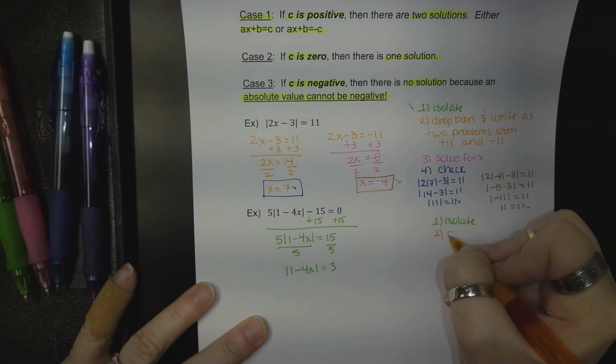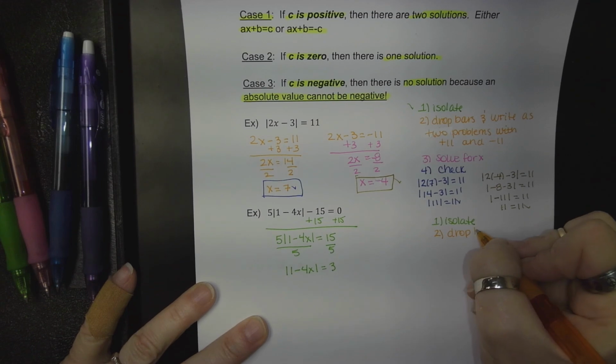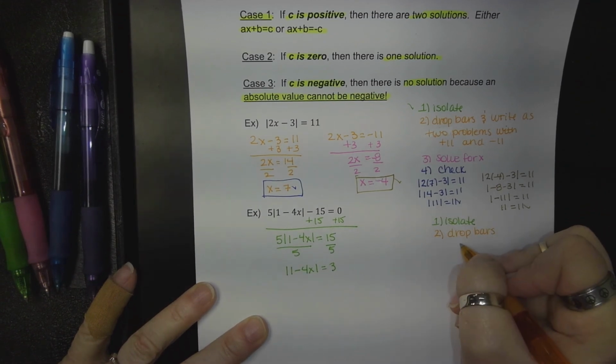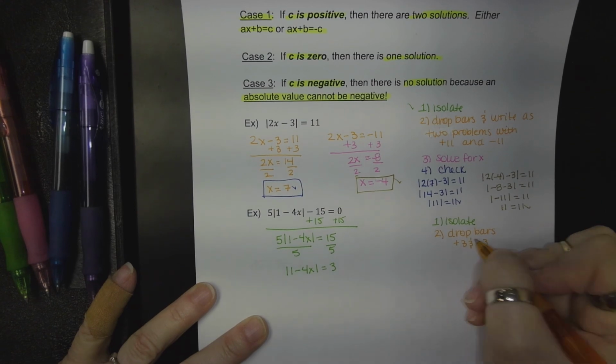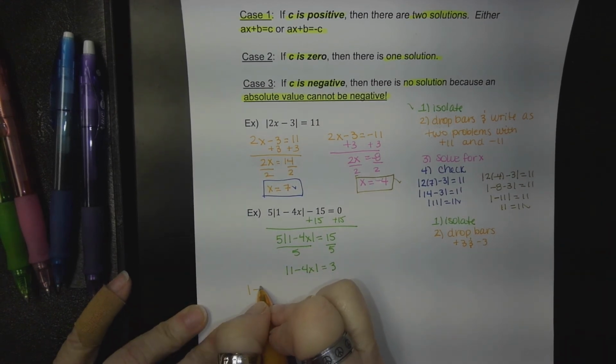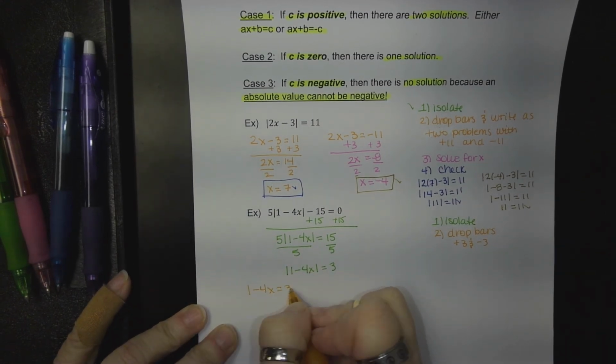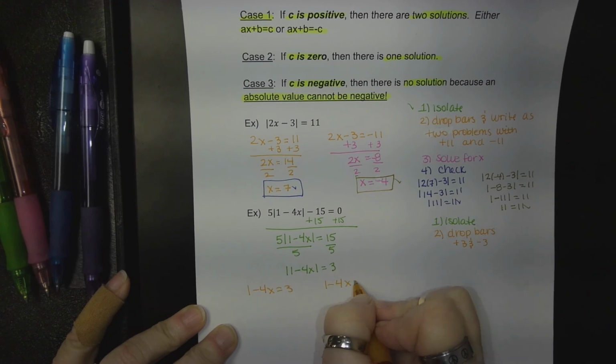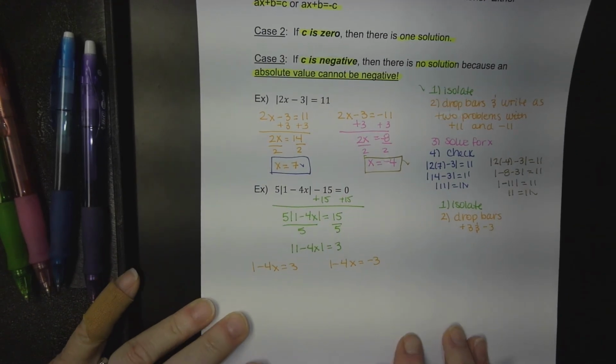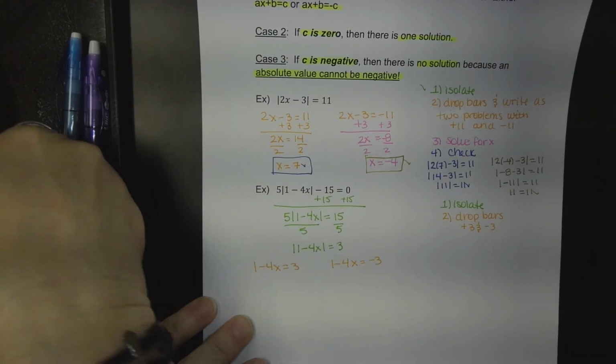Number 2, we drop the bars. Make C positive 3 and negative 3, right? So we're going to have 1 minus 4x equals 3, and 1 minus 4x equals negative 3. And then now, let's just solve.